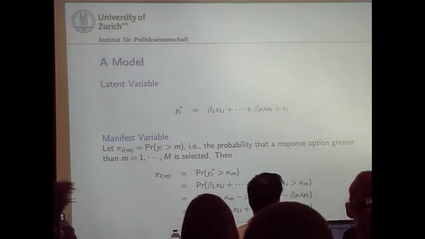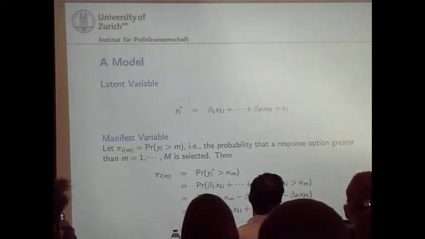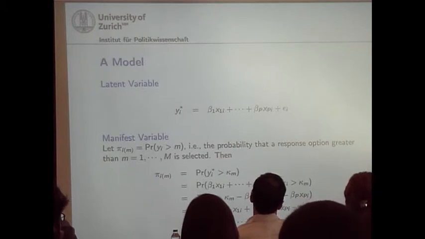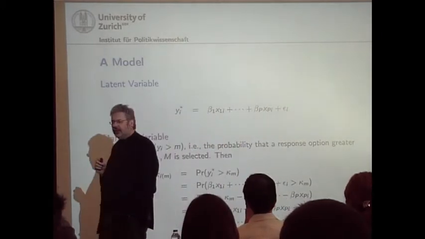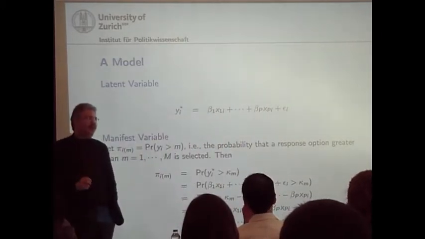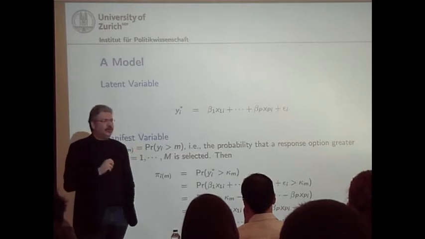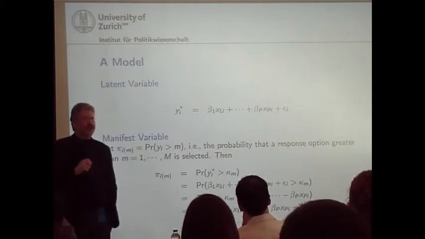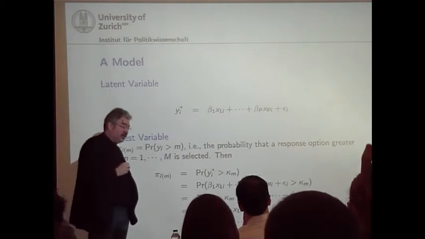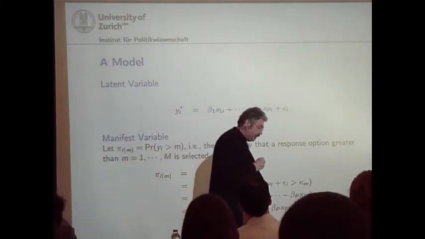And it's an assumption that is a bit heroic, because you have to say, well, the effect of being a labor identifier is the same when you look at your inclination to say, I agree with the statement, as your inclination to say, I'm neutral towards the statement. Maybe the case, may not be the case.